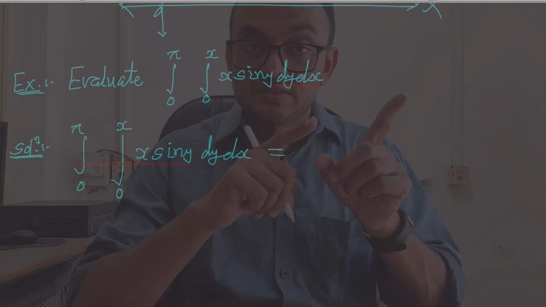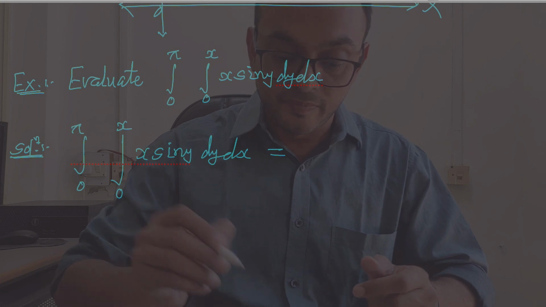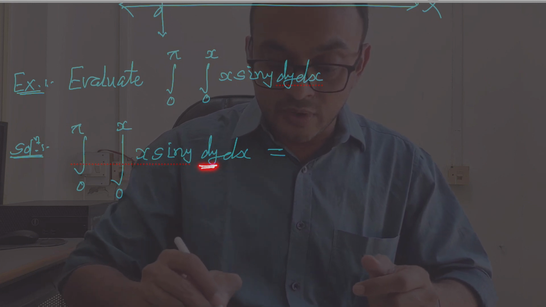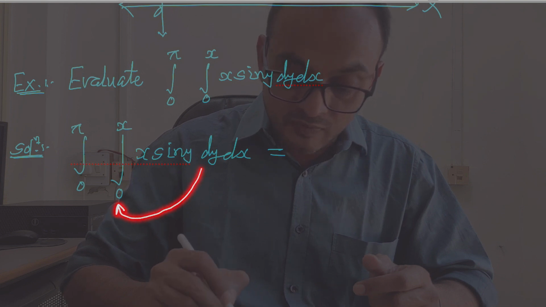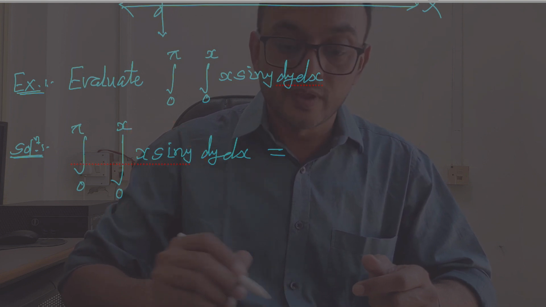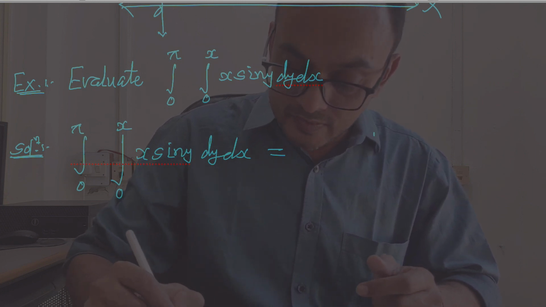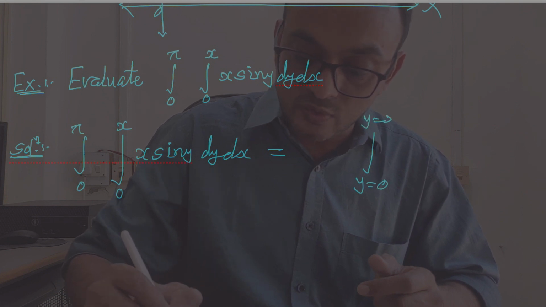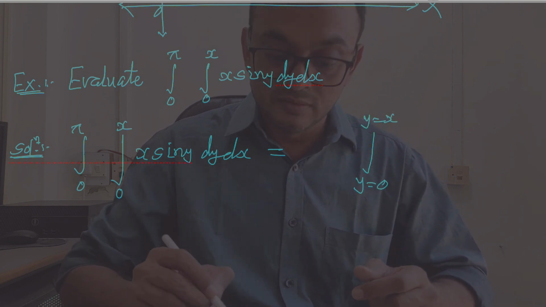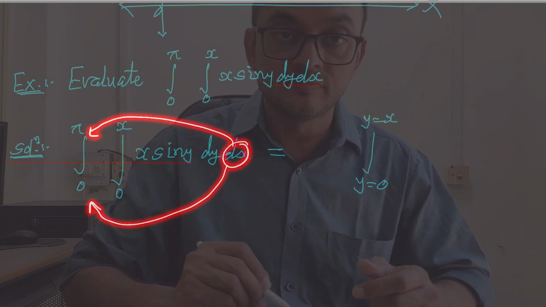again, what is the first inner integral is with respect to y, outer integral with respect to x. So inner limit is of y. So first I write, this is integration y is equal to 0 to y is equal to x. Then outer limit is of x.